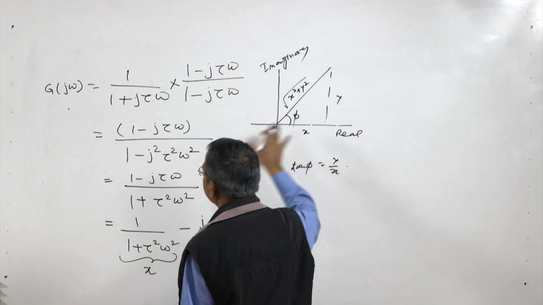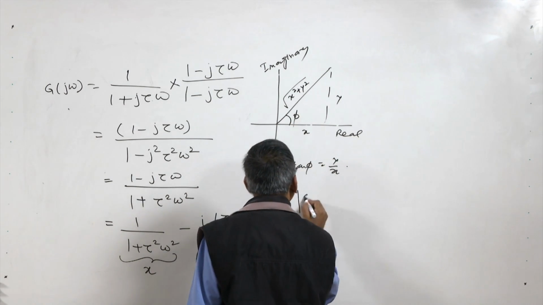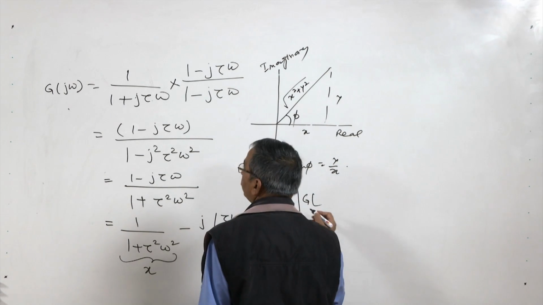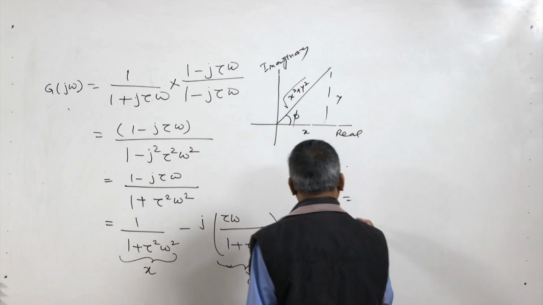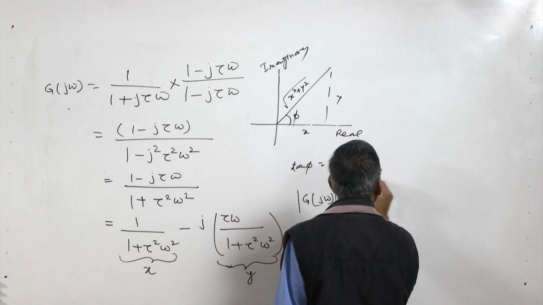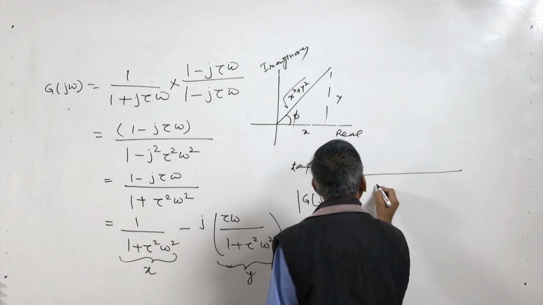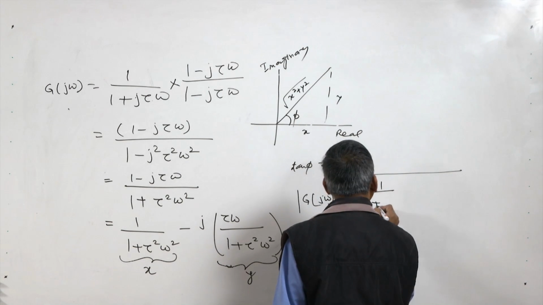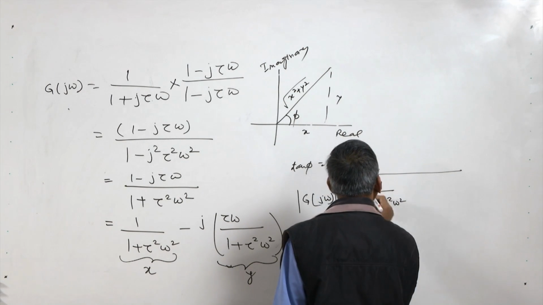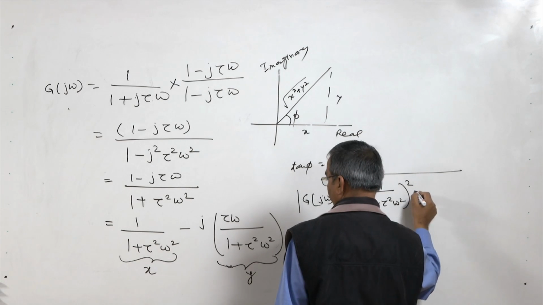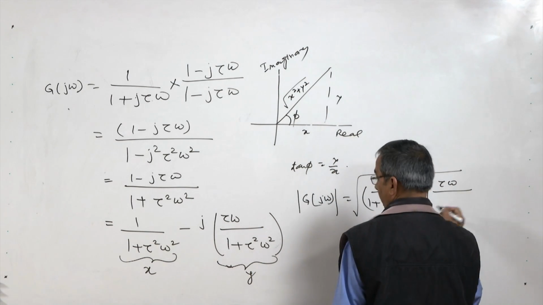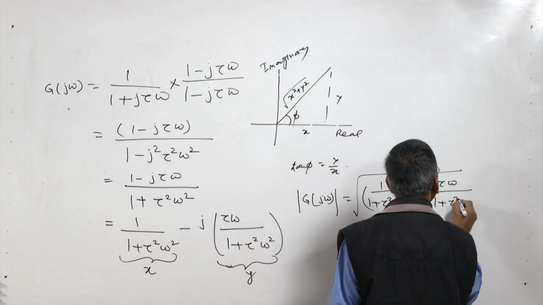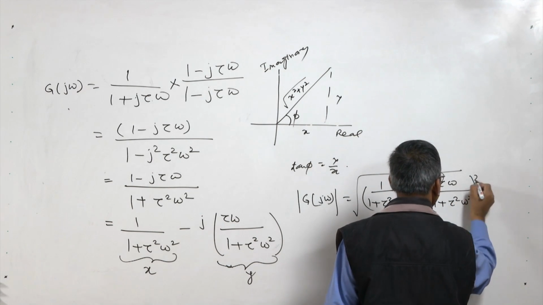First let us find out the magnitude, that is the mod of G(j omega). This will be under root of x square, so it is 1 by 1 plus tau square omega square whole square, plus y square, that is tau omega divided by 1 plus tau square omega square whole square.